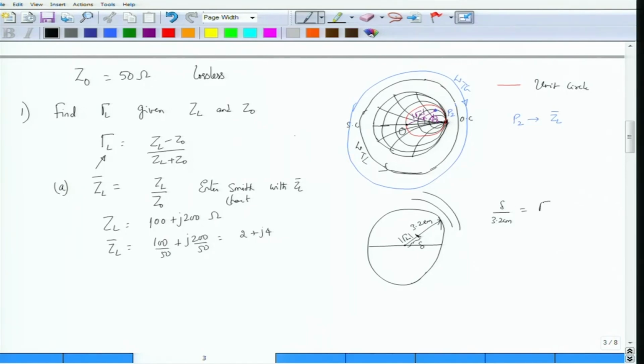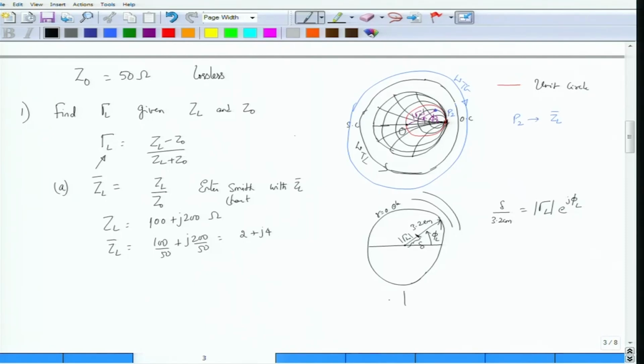I am assuming the radius is 3.2 centimeters, but on your Smith chart you have to measure the actual radius. So delta divided by 3.2 centimeters would give you the magnitude of gamma L. The angle gives you the phase. So your reflection coefficient is gamma L e to the power j phi L.